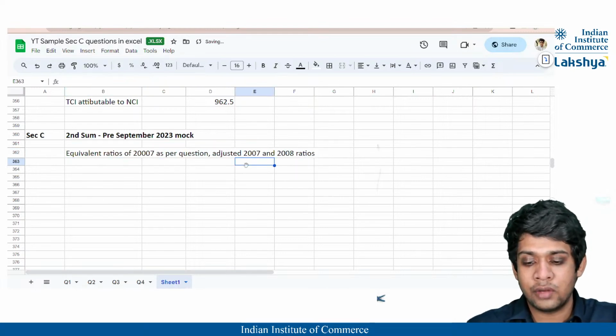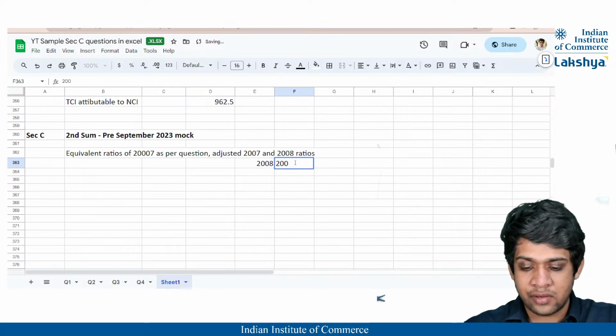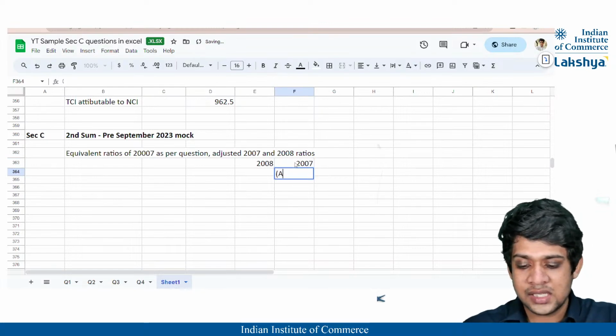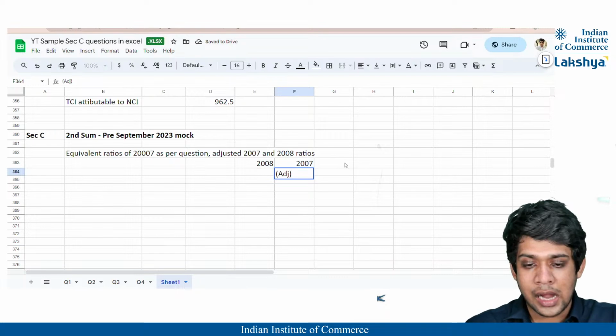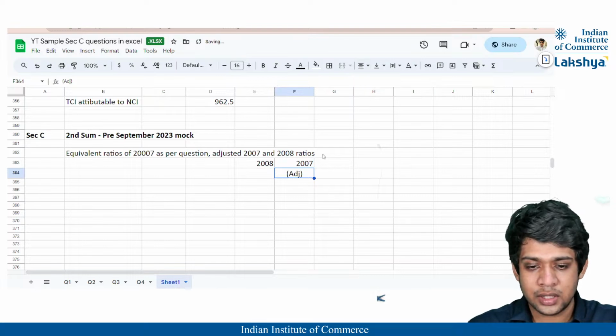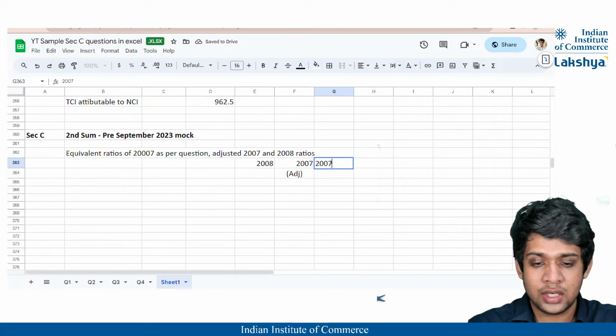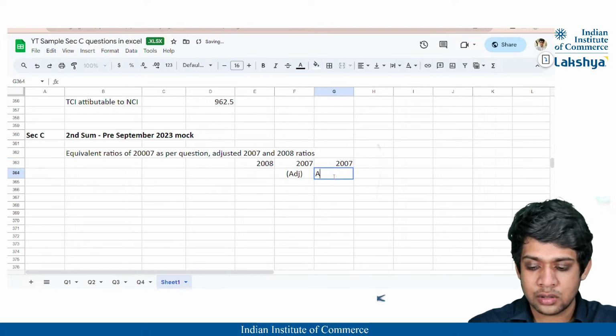Okay, so we will prepare for 2007. Firstly we will prepare for 2008 ratios. 2007 also we will prepare, but these are the adjusted ones. And also, wait, let me just align this. And okay, and 2007 which is mentioned as per question.